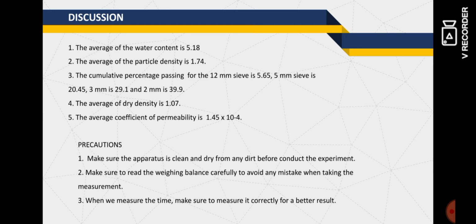Fourth, the average of dry density is 1.07. And lastly, the average coefficient of permeability is 1.45 times 10 power of -4.